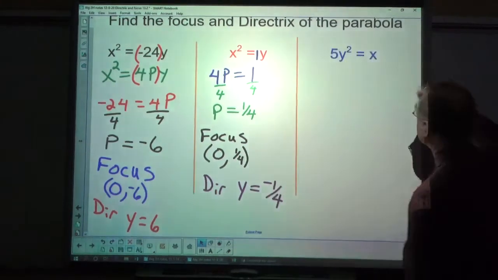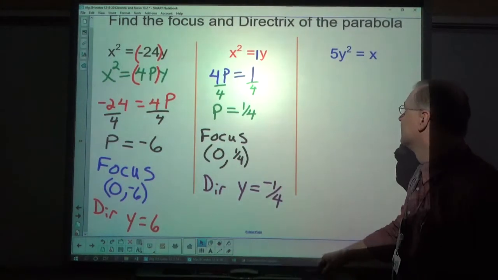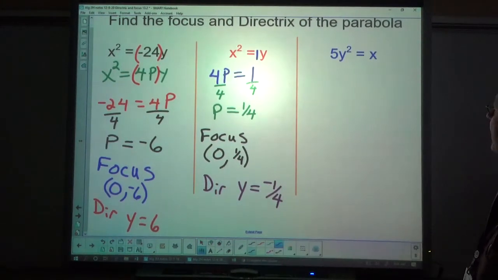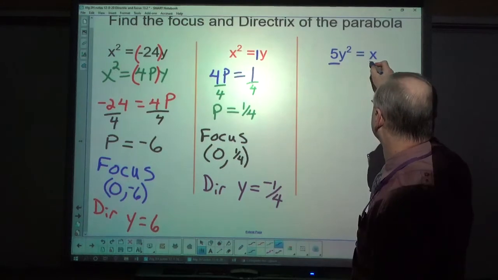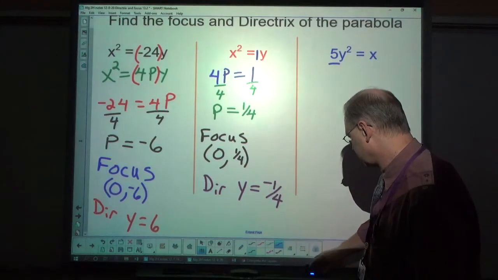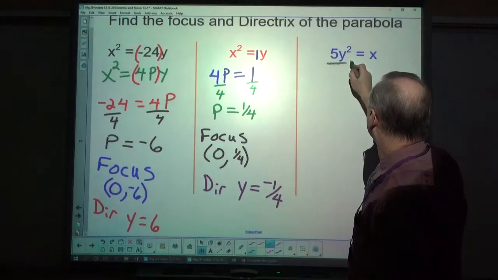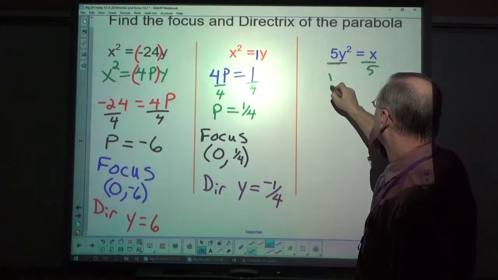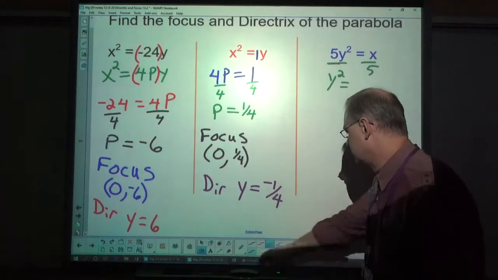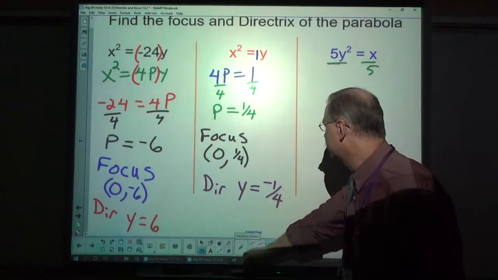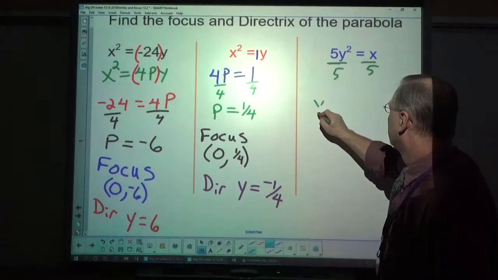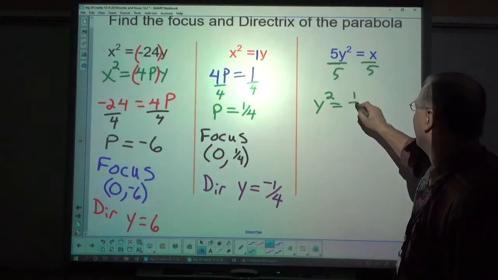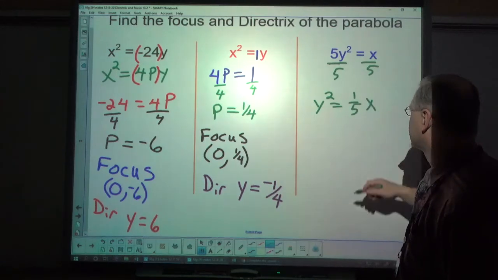Let's look at the last one. Oh, hey, this one says 5y squared equals x. Well, I don't have the squared thing by itself. I have to get rid of that 5. Divide both sides by 5. y squared equals 1/5 x.